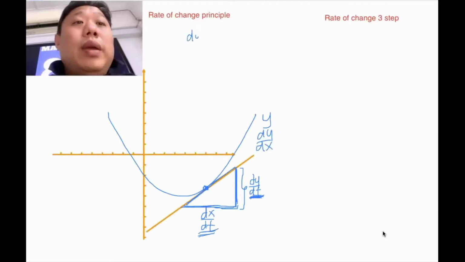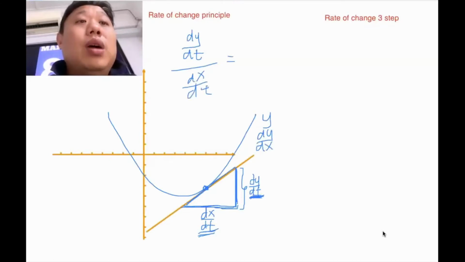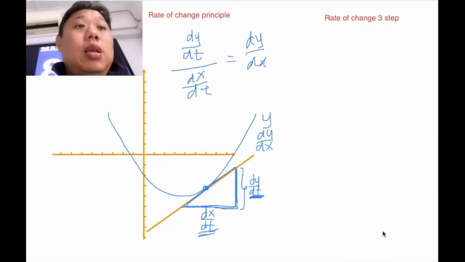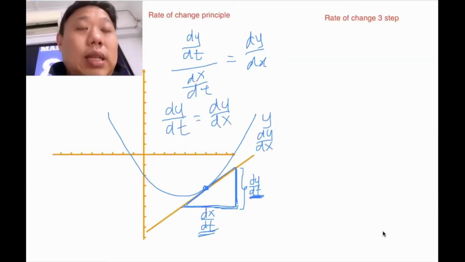So when you take dy/dt divided by dx/dt, you are approximately going to get my dy/dx. So the only formula you need is dy/dt equals dy/dx times dx/dt.